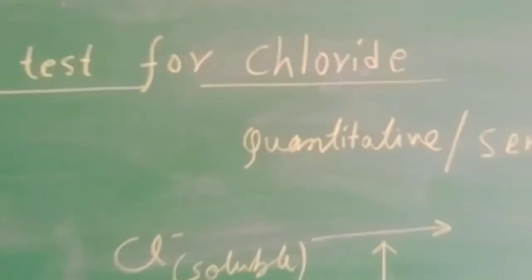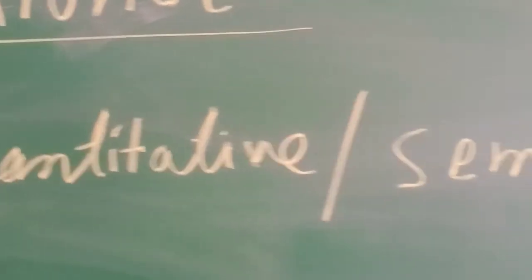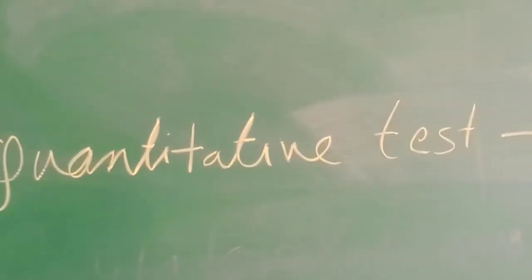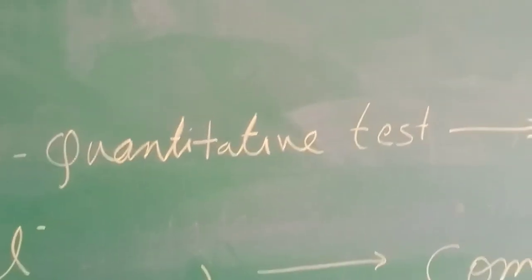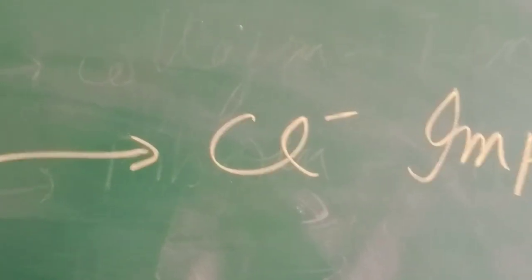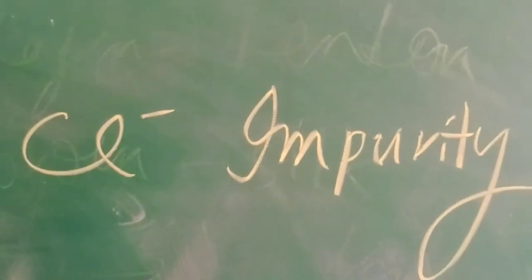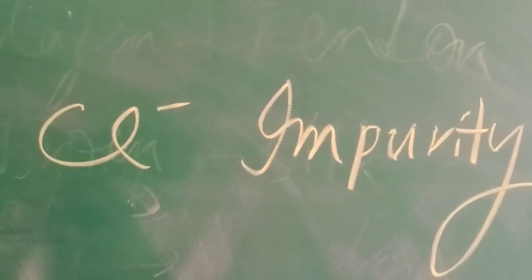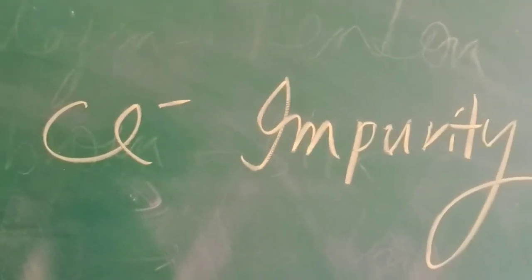So, limit test of chloride is a quantitative or semi-quantitative procedure or semi-quantitative test which is used to determine presence of chloride as an impurity in a chemical substance or in a chemical compound.